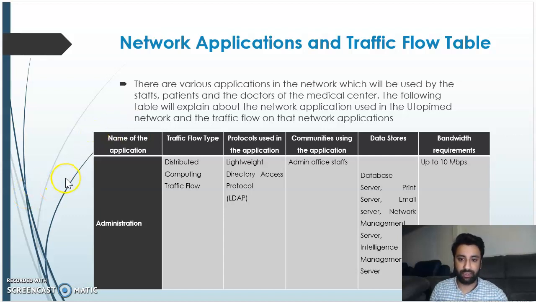In this table, it tells the name of the application, what type of traffic flow it is, what protocol is being used, which communities are using the application, and what data stores and bandwidth are required to fulfill that application, so it should not lag.